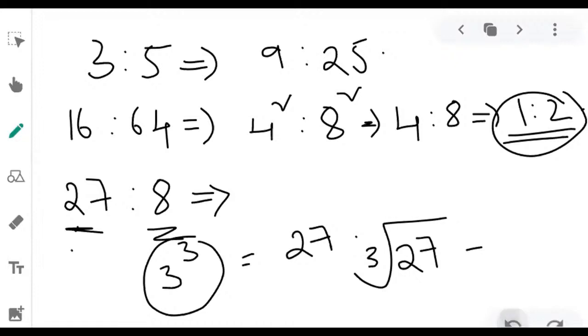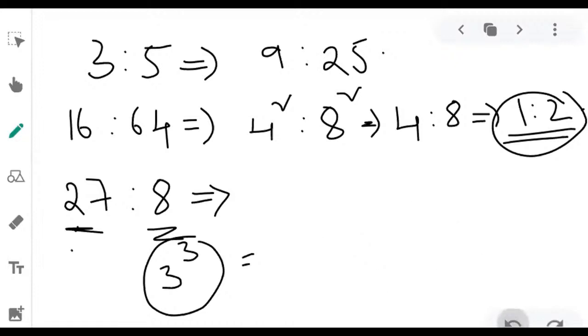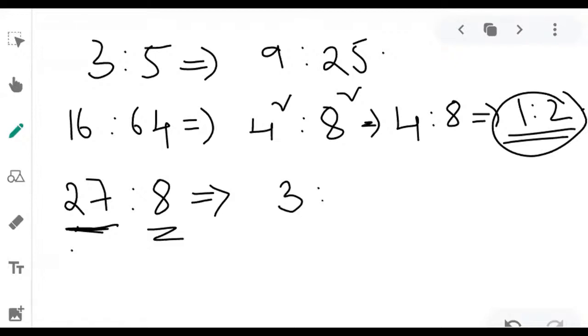So now tell me, what is the ratio? Cube root 27 is 3. What is cube root 8? 2. Okay, super.